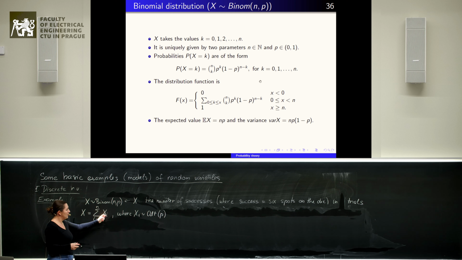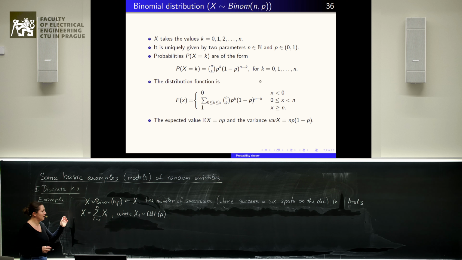So when we have Xi equal to 1 when we have success in the ith trial, then the number of successes in n trials is in fact the sum of these elementary successes in each trial.